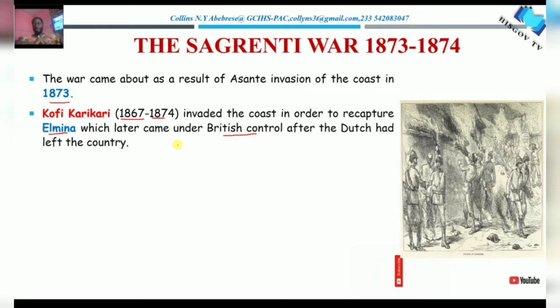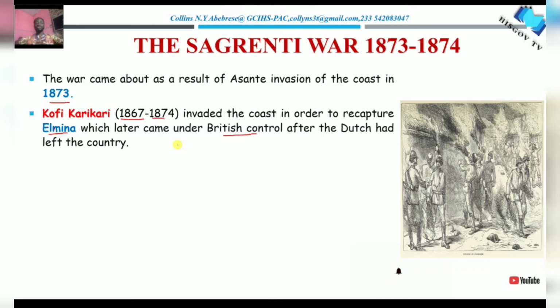The Dutch who occupied Elmina at that time were paying land rent to the Asantehene, so Elmina was a vassal state to the Asante Empire. Asante used Elmina as a port, because there is no sea in Asante. So all their military supplies, ammunition, guns, gunpowder and other things needed by the Asante were gotten from the Elmina coast.